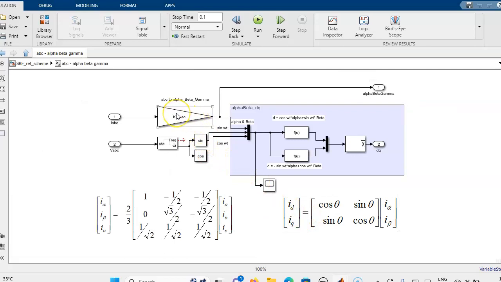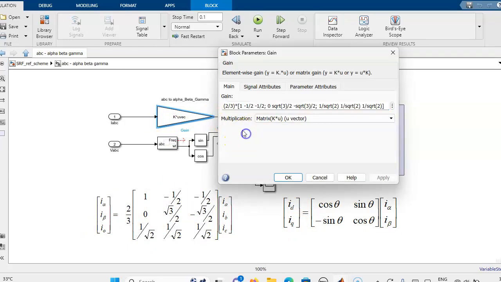This is the expression to get alpha beta gamma, and alpha beta is again converted into DQ. This is the formula we are using for the ABC to DQ transformation. First we convert ABC to the alpha beta transformation, then we convert it into DQ. This equation we have represented in terms of gain blocks. So first 2 by 3 is multiplied by this.